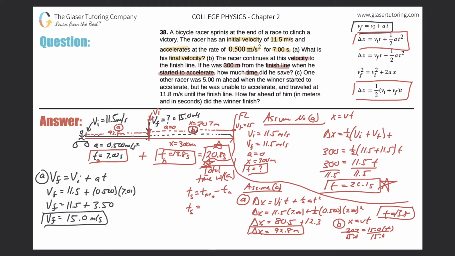So the time saved should simply be 26.1 minus 20.8. Let's plug it into the calculator. 26.1 minus 20.8 is 5.3. So this works out to be 5.3 seconds.